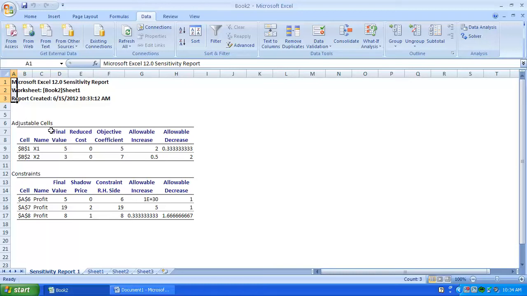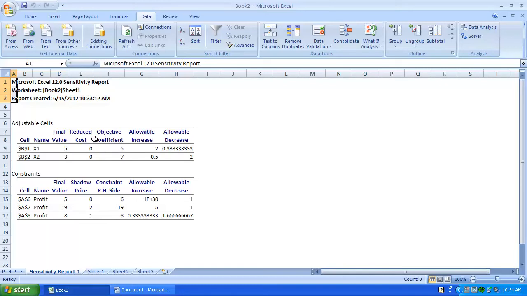So here are the adjustable cells. Another way of saying that would be controllable cells or decision variables, and their final value is 5 and 3. Final could be another word for optimal. The reduced cost is something that was in chapter 2, but I want to go ahead and explain that.